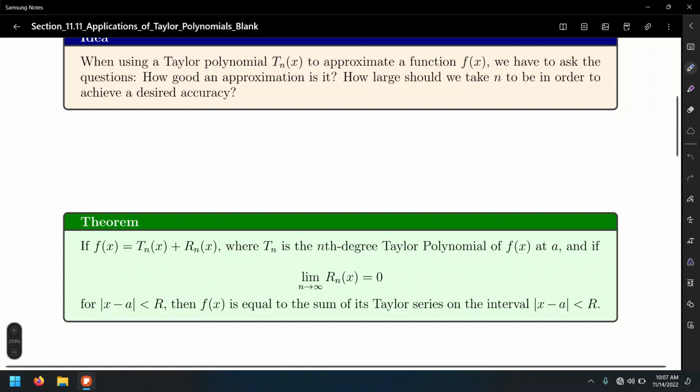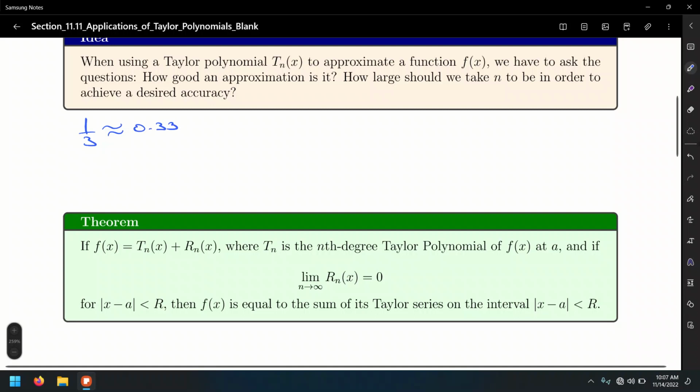Let me give you a numerical example, like 1/3. What is 1/3 equal to? It's approximately 0.33, and this is only an approximation.